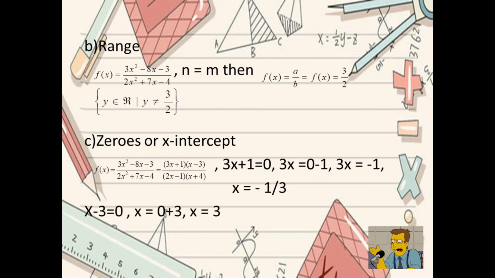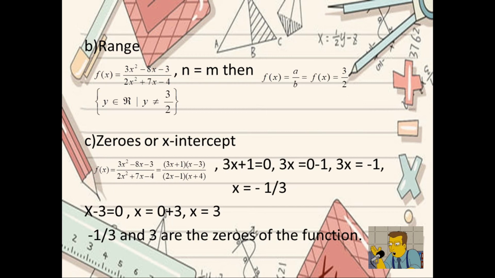Then another zero of the function, x minus 3 equals 0, then x equals 0 plus 3, then x equals 3. So therefore negative 1 over 3 and 3 are the zeros of the function, and at the same time the x-intercepts of the graph of the function.